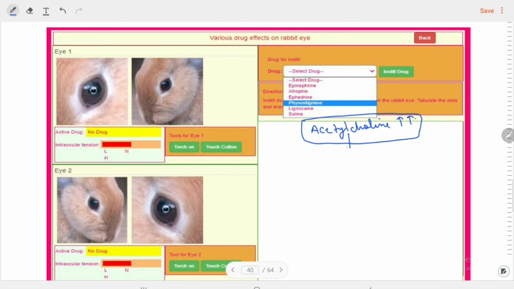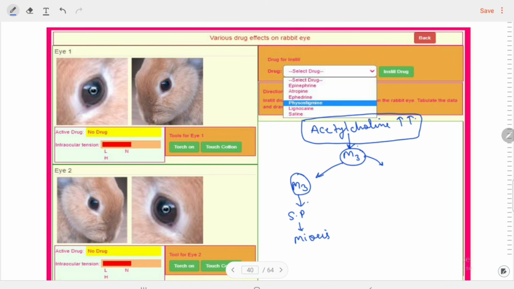It will affect all muscarinic receptors, and the receptor that is present in the eye is M3. If we activate the M3, it will lead to meiosis because M3 receptors are present in the sphincter pupillae muscles.